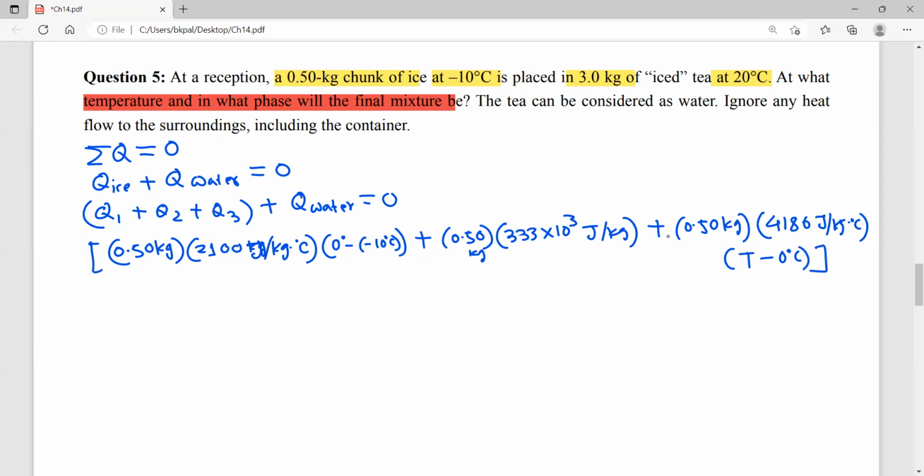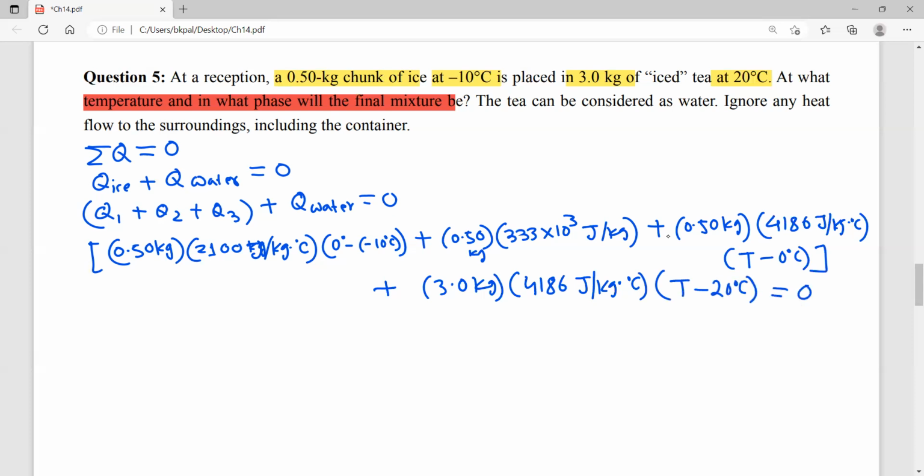So these three terms are for the ice, and for the water we'll have 3 kilogram and then 4186 joule per kilogram degree Celsius. The final temperature we don't know, and the initial temperature is 20 degrees Celsius.